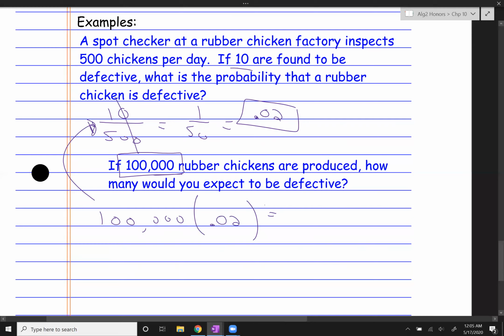Okay, so 2% of those, that's 2,000 of those chickens are going to be defective, so they should be thrown out. Okay, so that's how experimental works. And we'll use more of that as we get compound probability in the future.